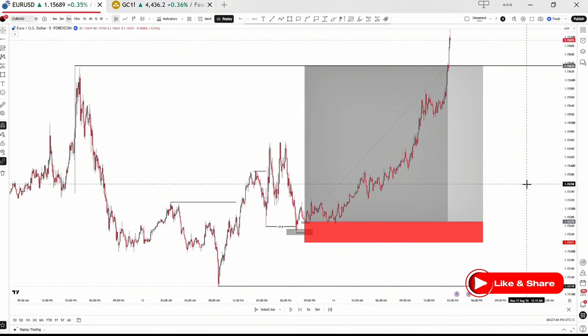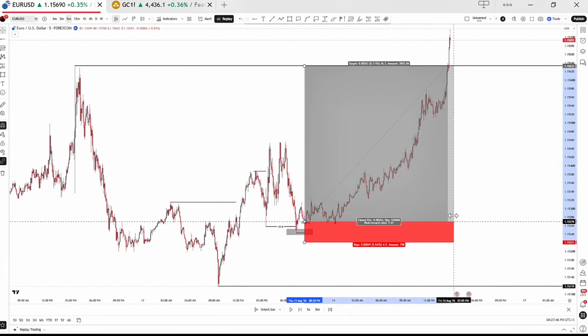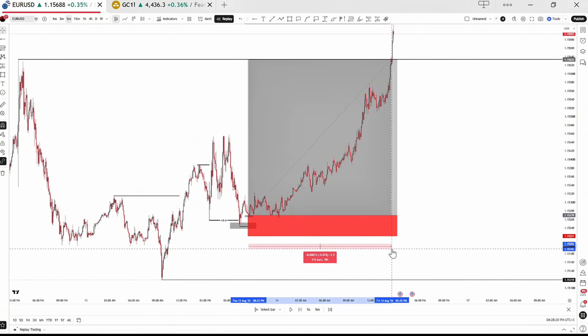So price ends up hitting our TP. This trade took 18 hours to hit our TP, which is not bad.